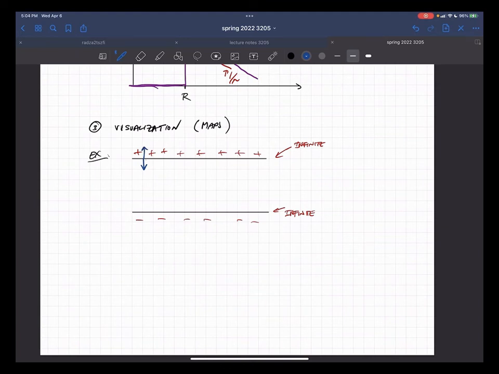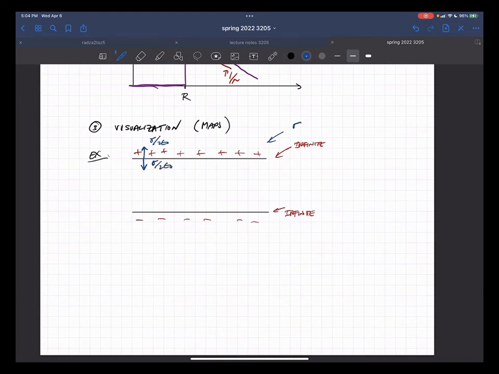If we call the positive charge density sigma, then you would end up with sigma over 2 epsilon naught as the electric field going up, and sigma over 2 epsilon naught as the electric field going down. We calculated this earlier.